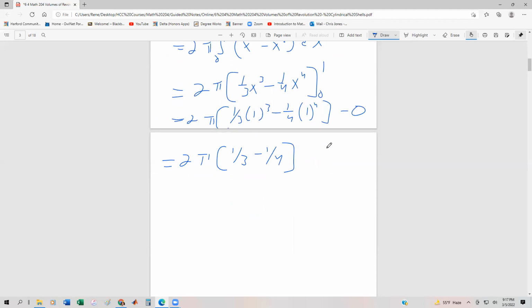We can get a common denominator of 12 here, or just throw it into our calculator. With a common denominator of 12, we get 4/12 minus 3/12. And so realistically, this works out to be 2 pi times a 12th, or pi over 6. So that's our volume.